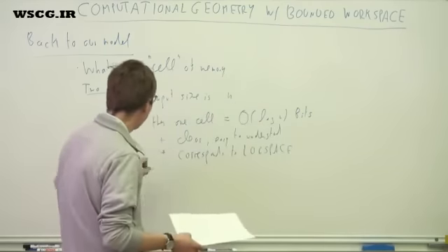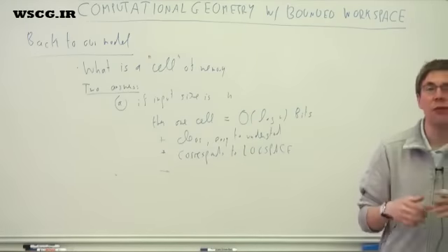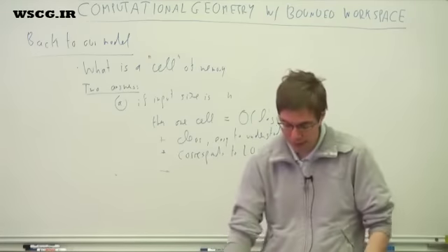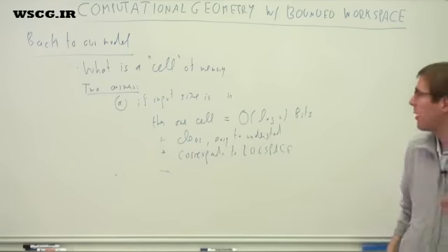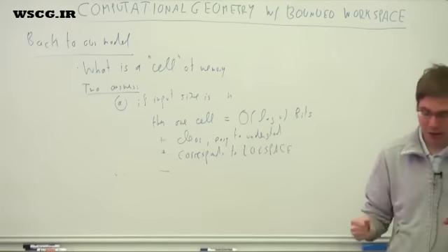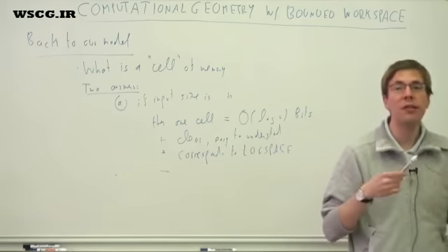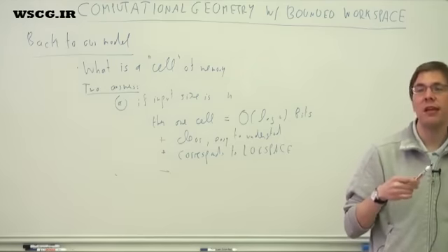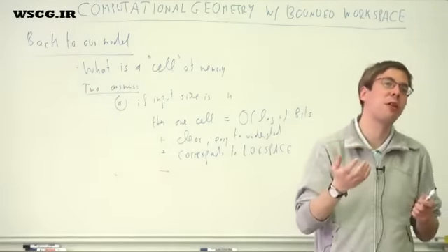But the disadvantage when I do it like this is that this model can be restrictive. By this I mean that if I say my inputs consist of log n bits, then in the context of computational geometry it's somehow strange, because it means that the points I have lie on a grid and have bounded precision.